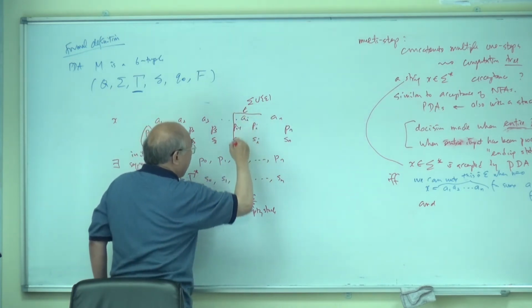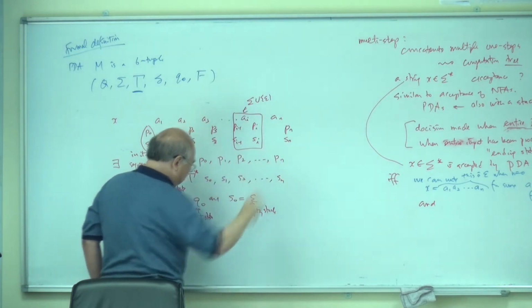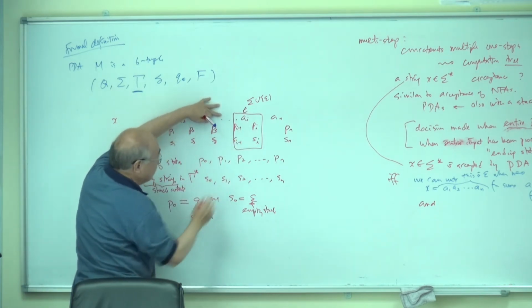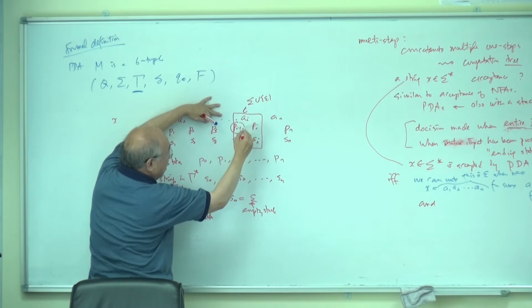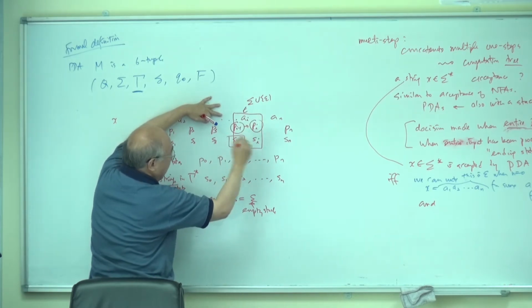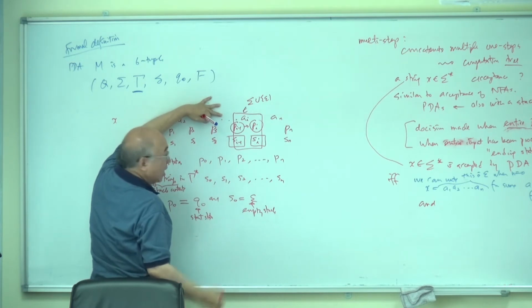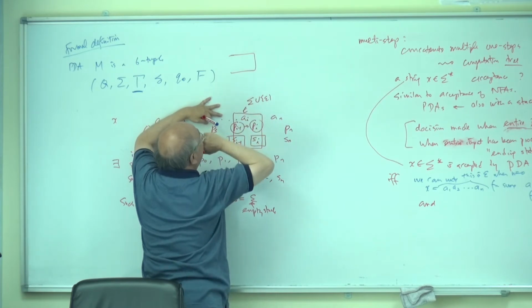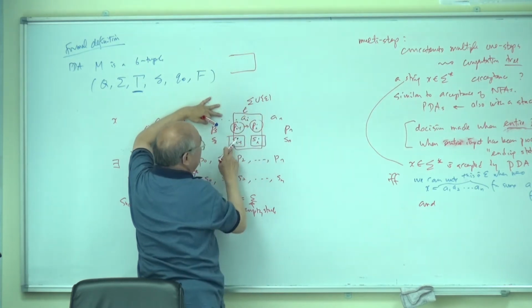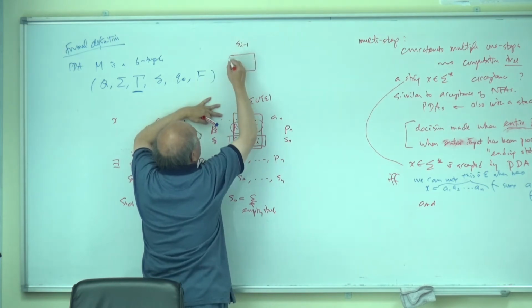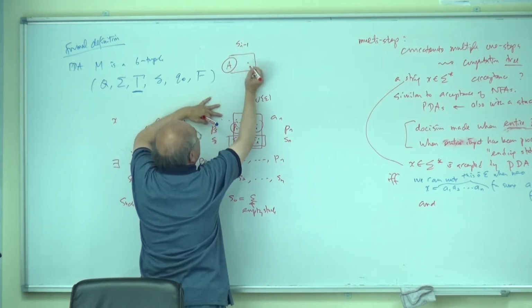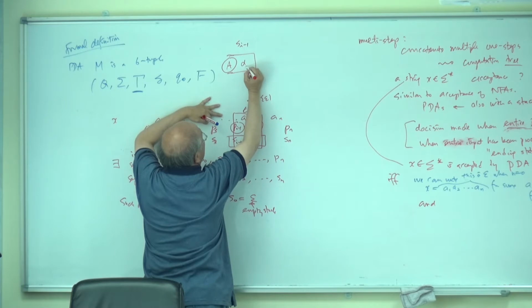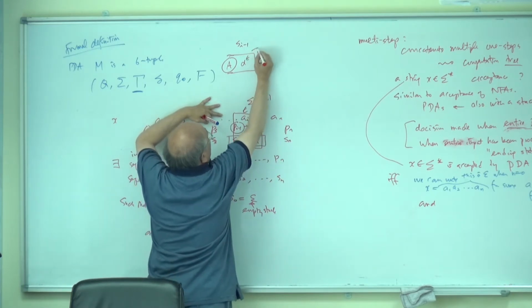So we want to describe this action according to the one-step computation. What we want to say is that this state is changed to this state. But what do we mean by the stack contents changing? Assuming this is Si minus 1, the top of the stack is A, and underneath that is alpha, so alpha is in gamma star.